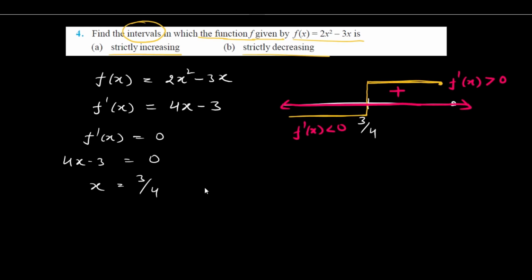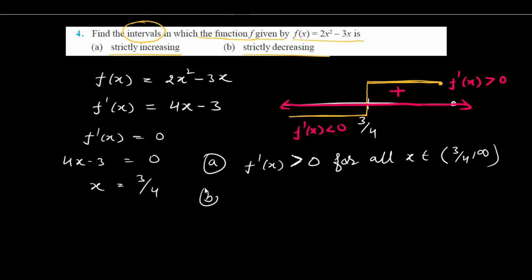So here you can write f'(x) is greater than 0 for all x belongs to (3/4, infinity), and f'(x) is less than 0 for all x belongs to (minus infinity, 3/4).